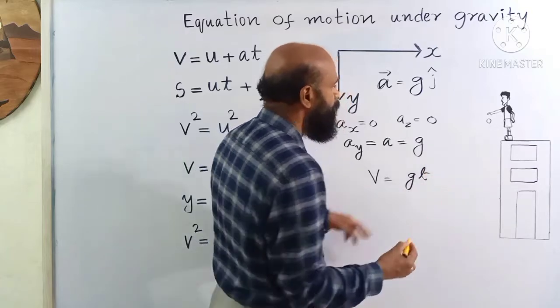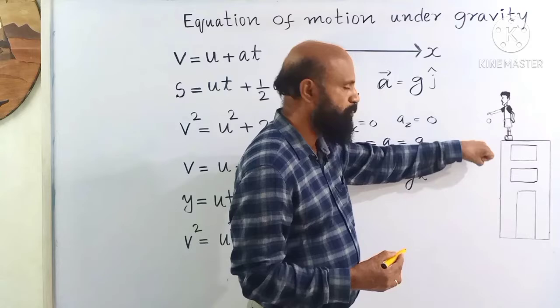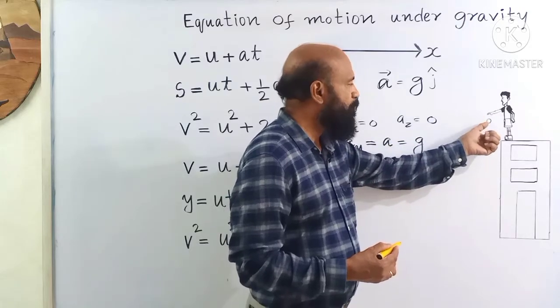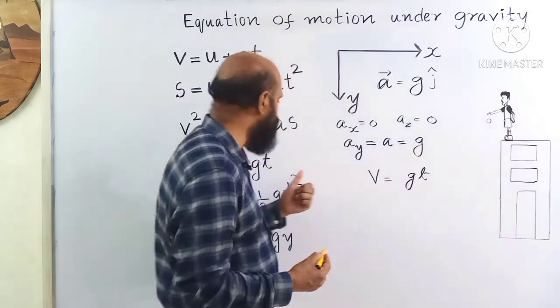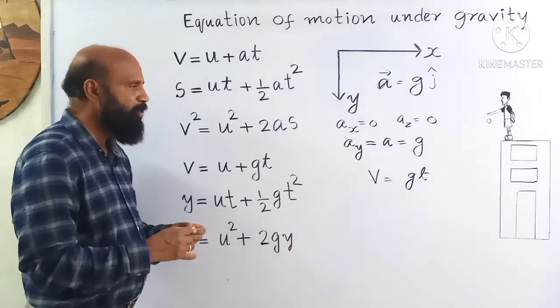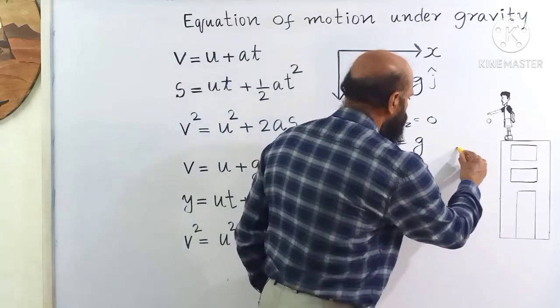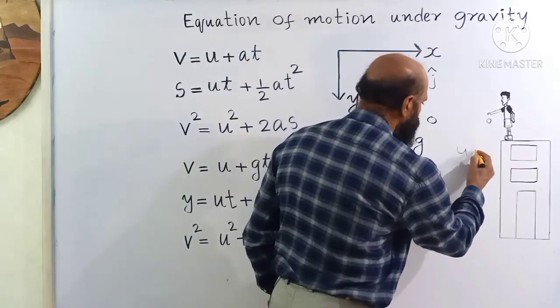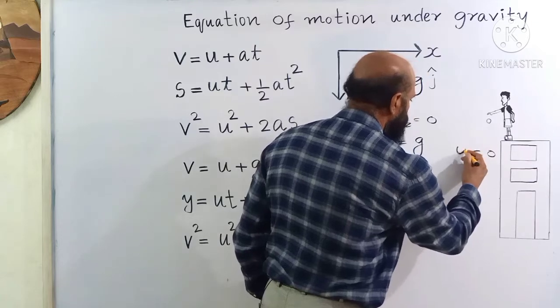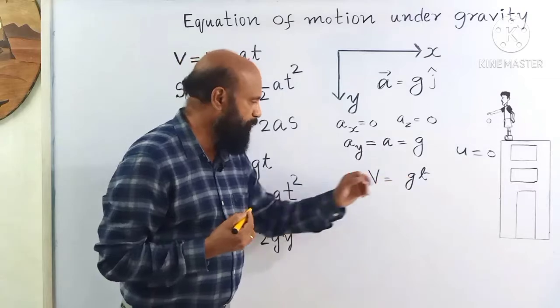If a boy is dropping a ball or a stone, initial velocity is 0. If he is throwing, initial velocity is not 0, so v is equal to u plus gt.